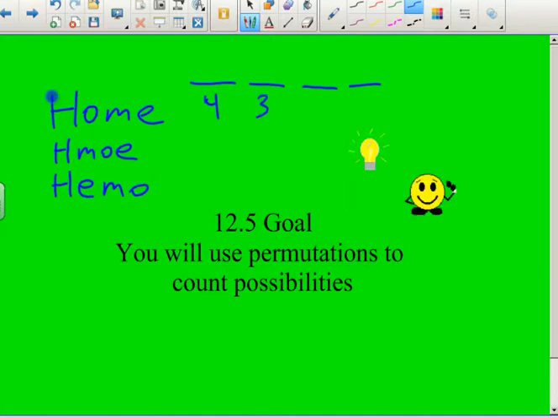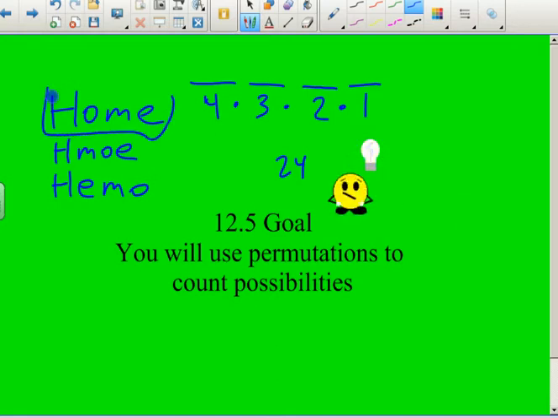So there's 3 letters I can choose for the second, and then 2 for the third, and then 1 for the last one. From our counting lesson, we know that we can multiply them together to get our total combinations. So 4 times 3 is 12, times 2 is 24. So there would be 24 different unique words you can write from these 4 letters.